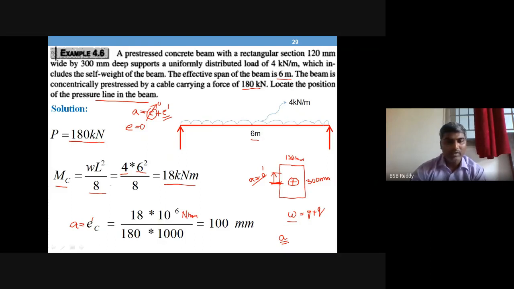And P is 180 kilonewtons. Convert to newtons. So finally you get 100 mm as the distance of the center of compression from the CG of the cross section at center. Okay, this is the location of the compression line at center.